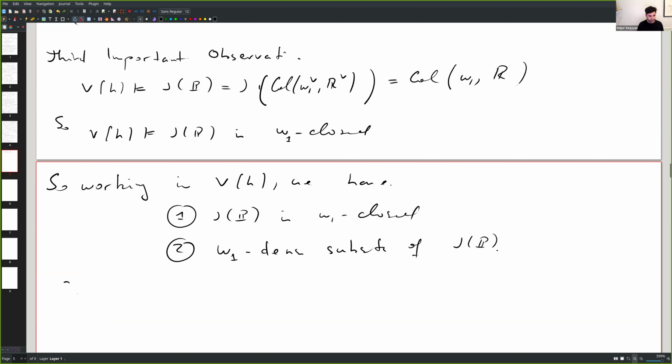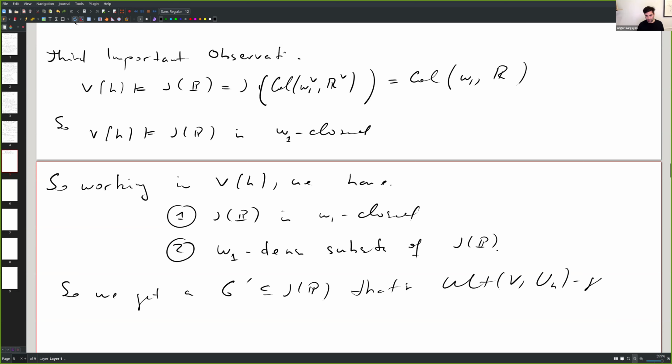So we get G prime, that is generic over the ultrapower of V, and it contains this particular point, and G is a subset of G prime. So just start with G.